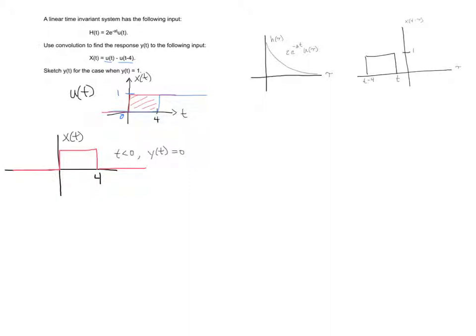So just draw it right here, t and t minus 4. We're varying our position of this whole x of t function, and by the time t minus 4 gets to 0, it will be completely encompassed. So we want to look at that range.